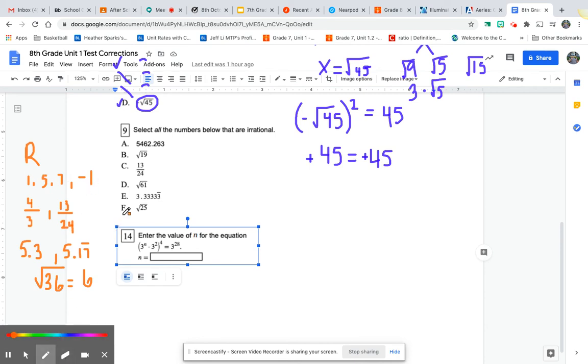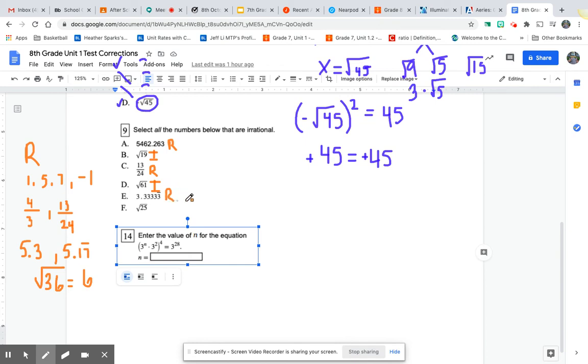All right, so let's go ahead and take a look. Well, this one is rational because it's a terminating decimal. The next one is irrational because it's not a perfect square. This is rational because it comes from the fractions. Irrational because it's not a perfect square.